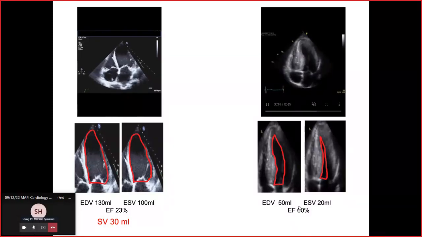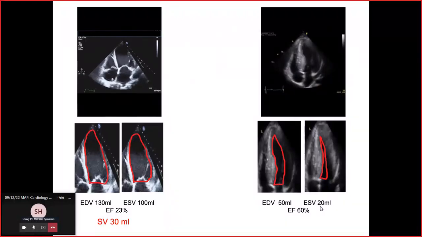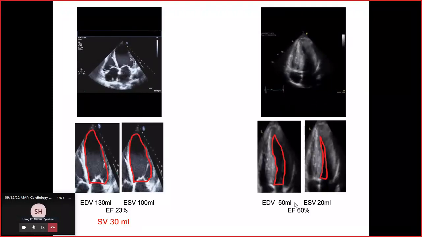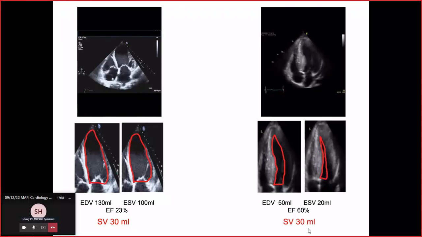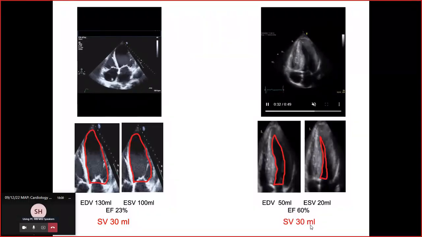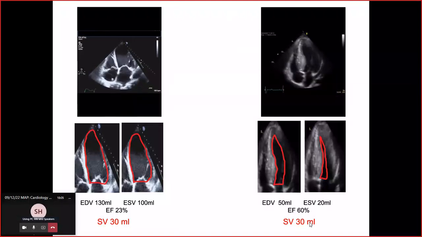When we come to this patient, the end diastolic volume is 50 and the end systolic volume is 20, which means the stroke volume, the amount ejected, is 50 minus 20, which is, again, almost the same, 30 mils. So the heart is ejecting 30 mils, not enough, and receives only 30 mils on the next cycle. So the blood will stagnate behind the heart.